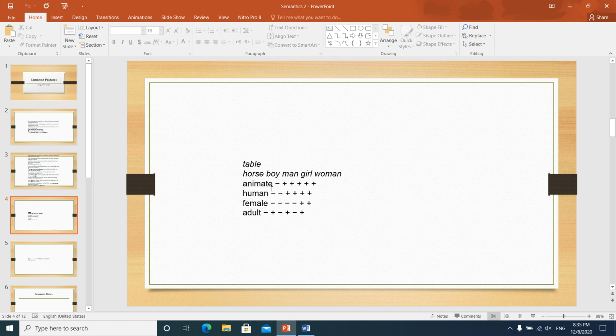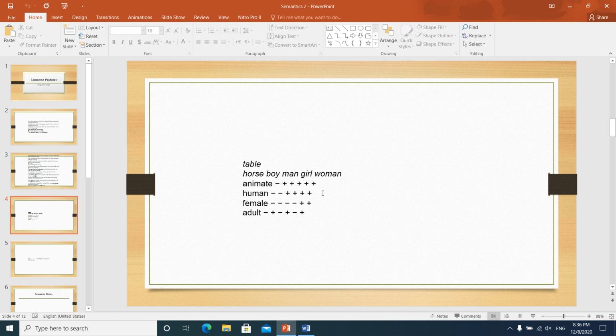A word like horse is plus animate, but it is minus human, right? A word like woman is plus adult, and plus female again.